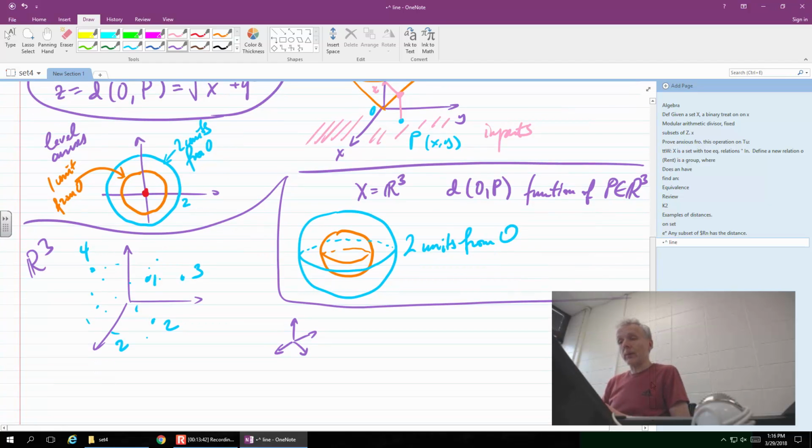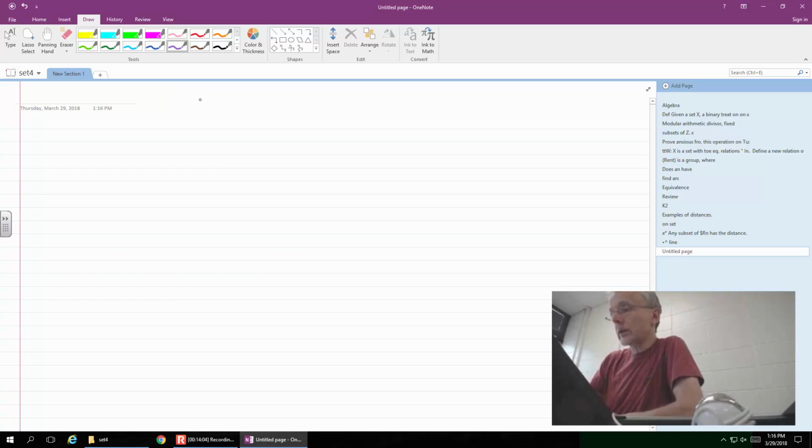Now with 2 variables, it becomes more complicated. Not 2 variables, 2 points. Distance between 2 points is more complicated, but that's why we had all this build-up of set theory, so that we are comfortable with forming new sets as well as forming functions on sets. And so once again, this is how it works out.